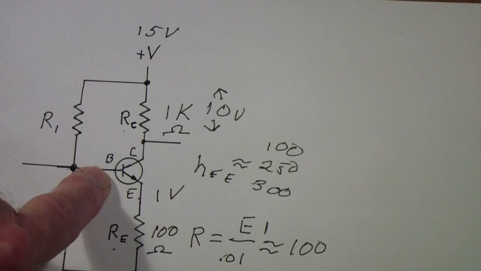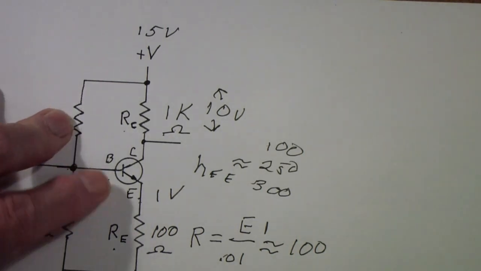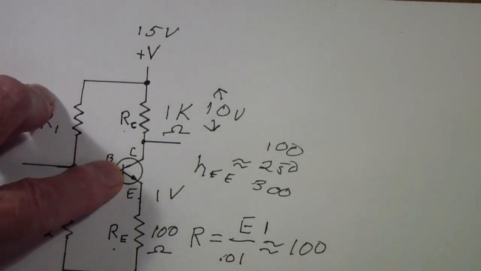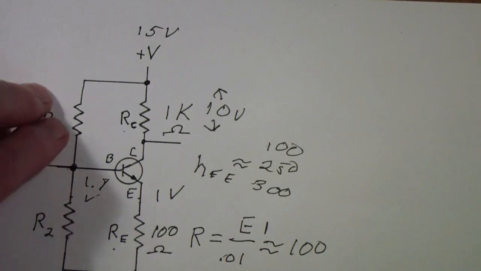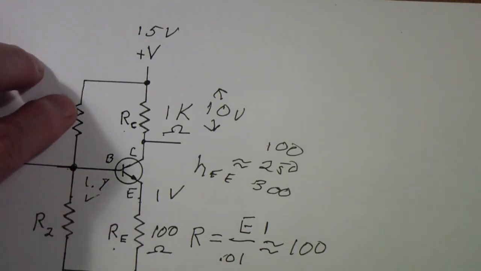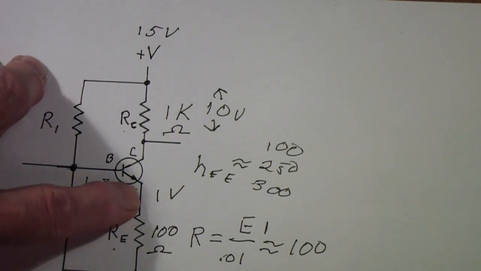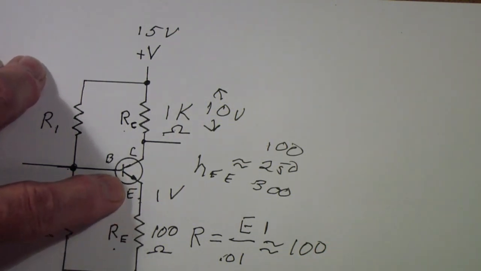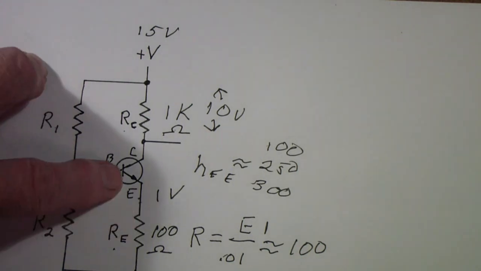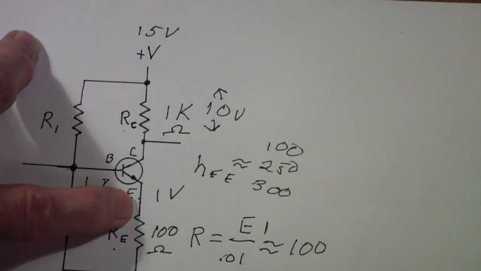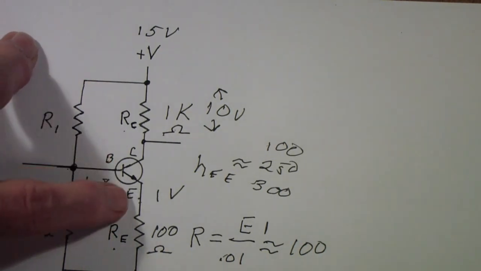However, for our design purposes, we're going to choose a total current flowing through this resistor of 10 times the base current. And we'll talk about that later when we talk about stability. So, instead of dividing by 100, we're only going to divide the emitter current by 10 to determine the current through this resistor. 10 milliamps divided by 10 is 1 milliamp.